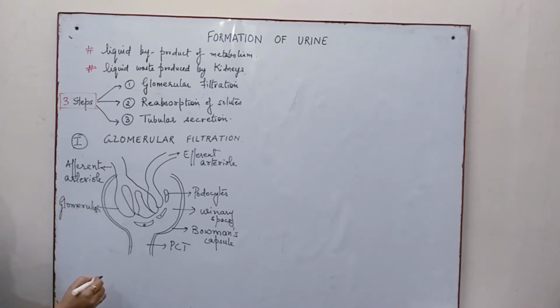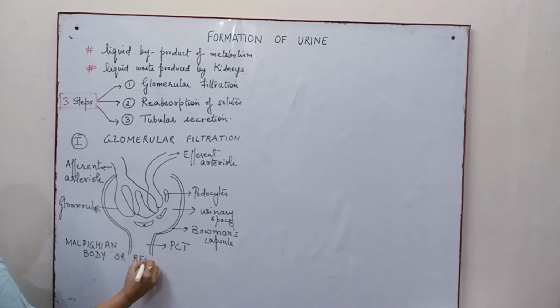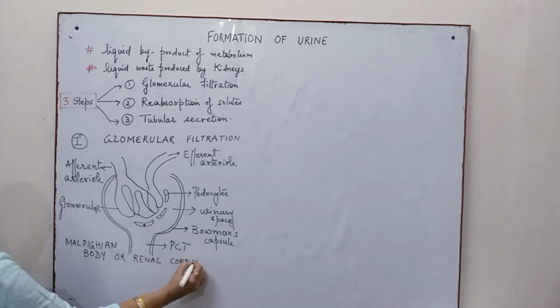Also remember, this entire structure is the Malpighian body, or another term for it is renal corpuscle. Now, this is the structure of the renal corpuscle.